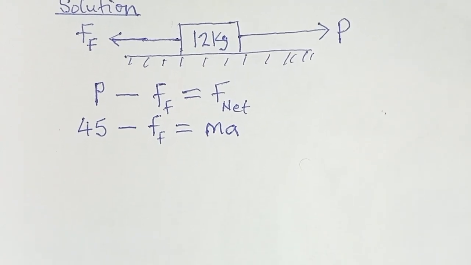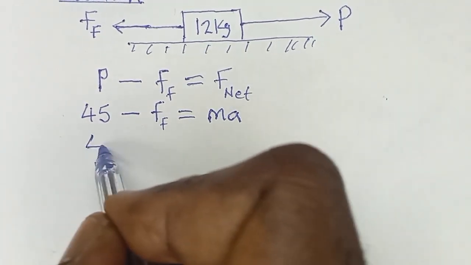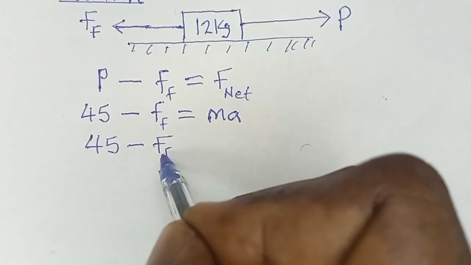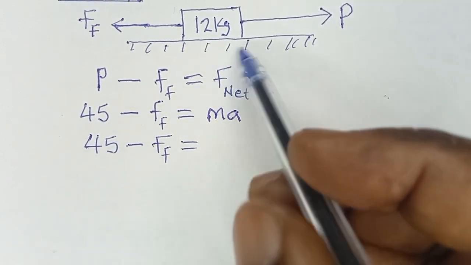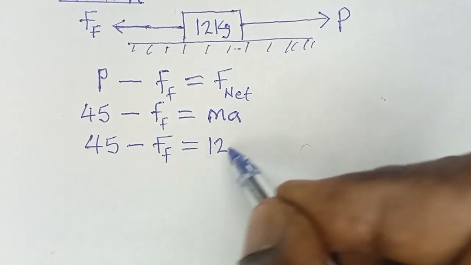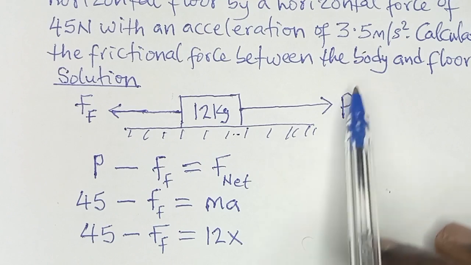So we can now substitute values to get the frictional force. 45 minus frictional force is equal to the mass, which is 12 kg, multiplied by the acceleration, which is 3.5 meter per second square.